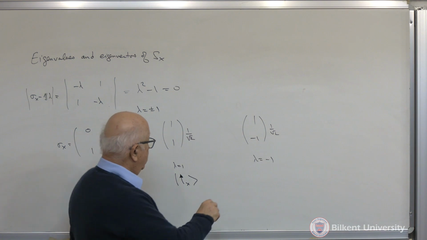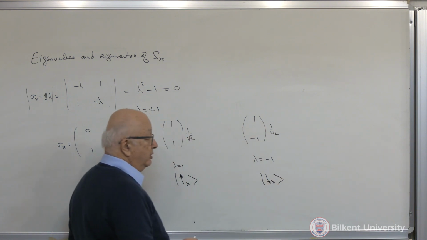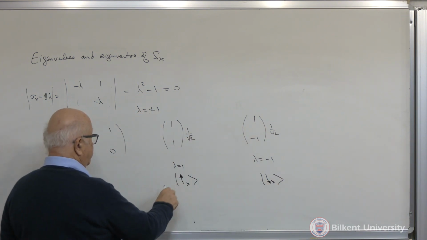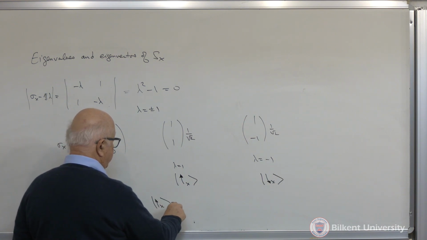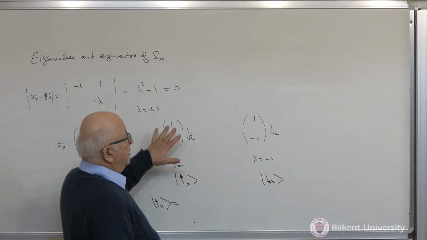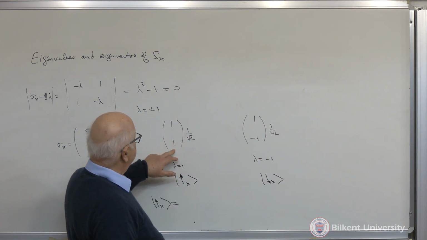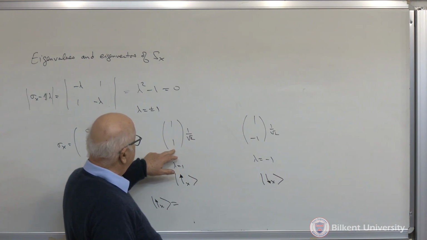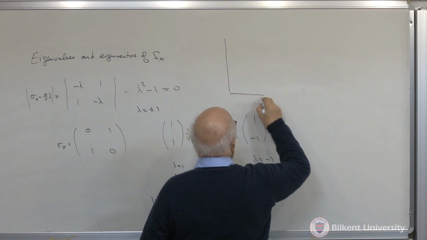And this one corresponds to downspin in the x direction. So upspin in the x direction is equal to, well, maybe we should have, of course, discussed the sigma z case also, but the sigma z case is so simple. Let me just write it over here.